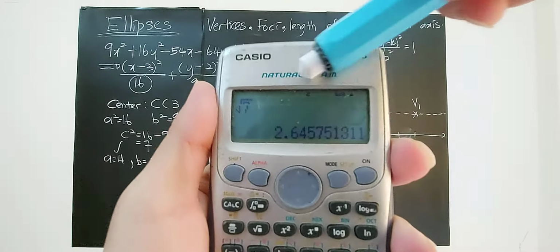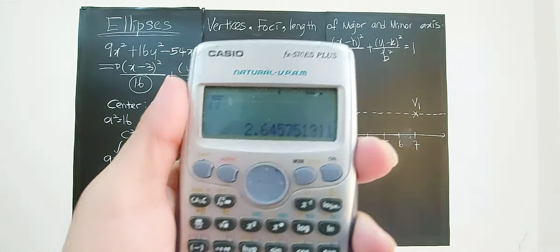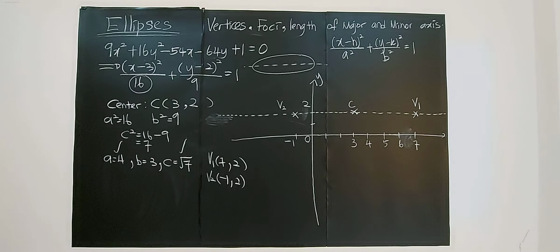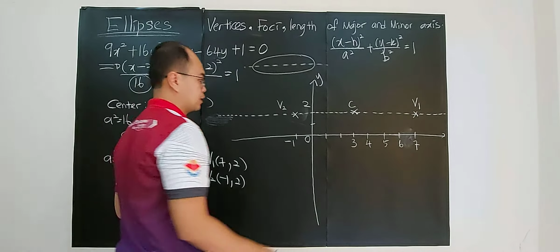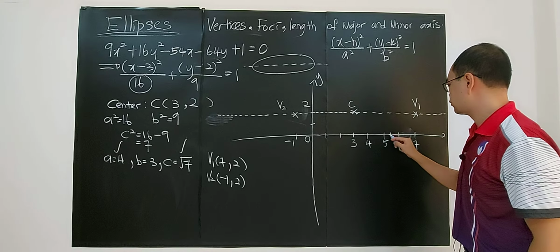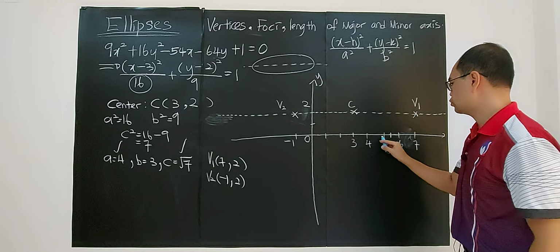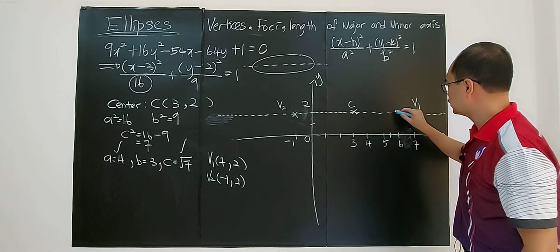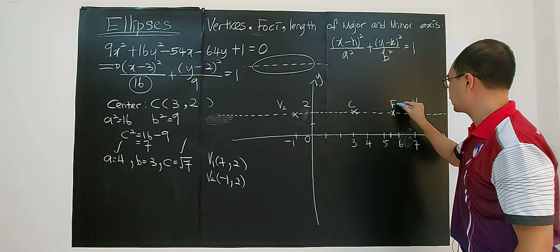So we round off to 2.7 to help us sketch. So we roughly know that this is around 2.7, which means 1, 2, 2.7, more than half here. So we just put it here as F1.